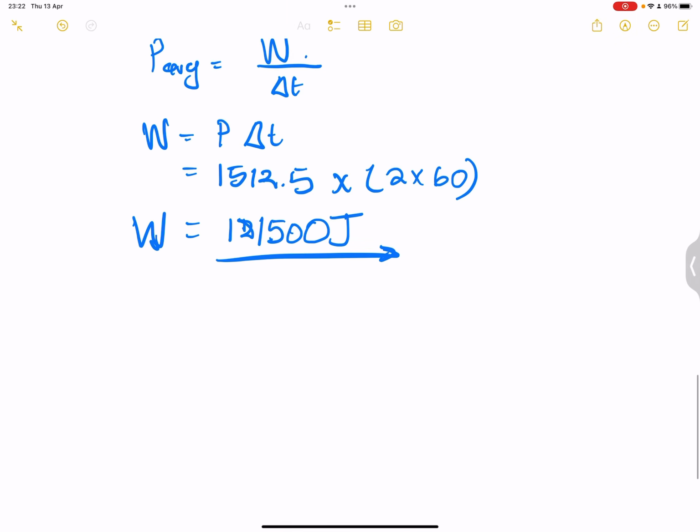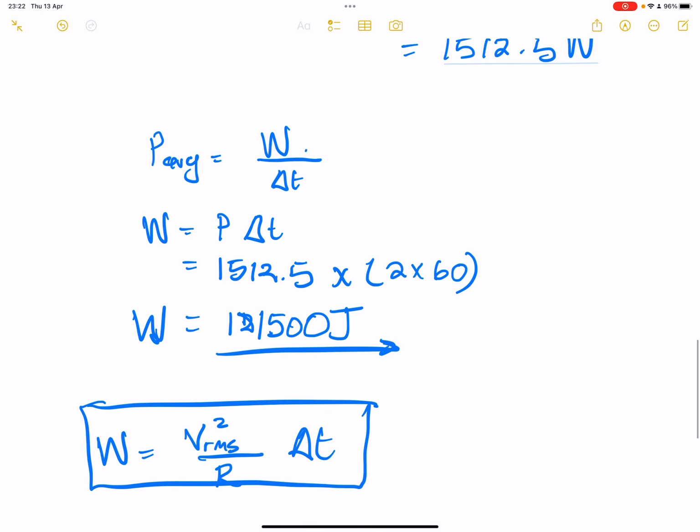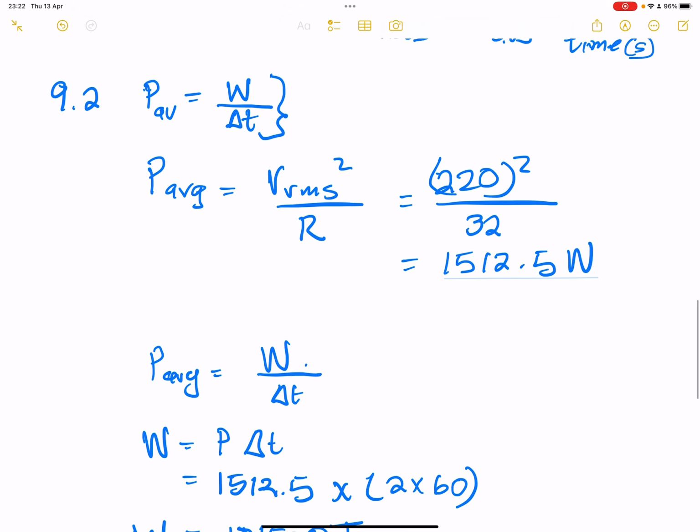Now, what I wanted to show you is that you could have opted to use the energy equation, so energy is equal to V RMS squared over R multiplied by delta T. By using that formula, you would just do the calculation in one step, as opposed to breaking it down into two different steps. But nonetheless, you still get to the same answer.